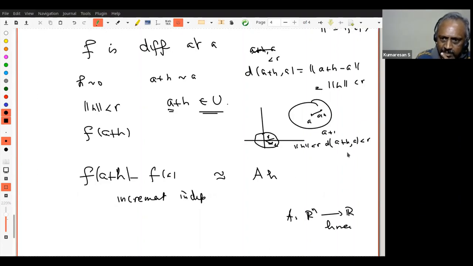Notice that in the case of 2, what did I do? f of A plus H comma B plus K minus f of A, B, I wanted to approximate by means of a first degree polynomial, that is of the form alpha H plus beta K. Do you remember that? Okay. So now instead, I am going to say I want to approximate it by means of a linear map.